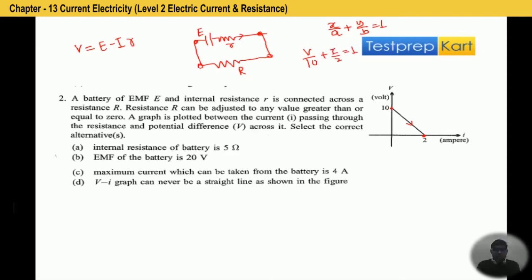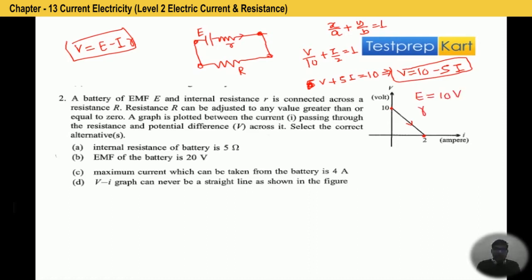So it will give us V plus 5I equals 10, or we can say V equals 10 minus 5 into I. If we compare this terminal potential equation to the equation of this line, then we can say that the EMF of this cell is 10 volt and the internal resistance of the cell is 5 ohm. Right. Now we can go through the options.